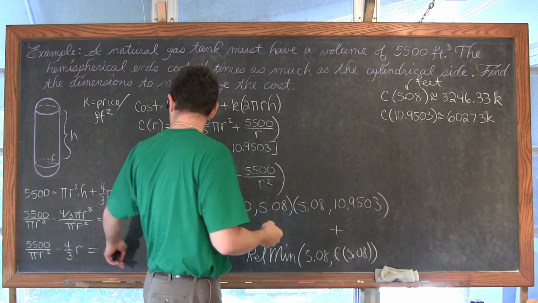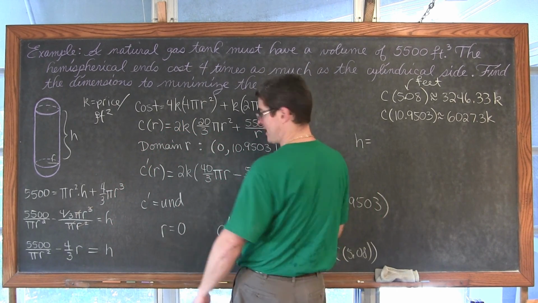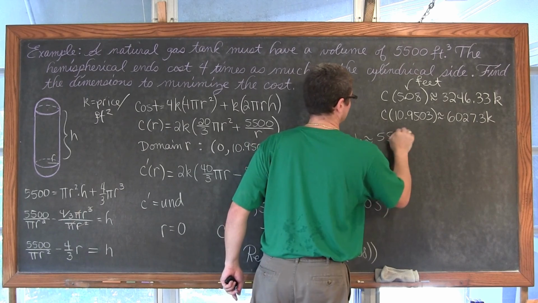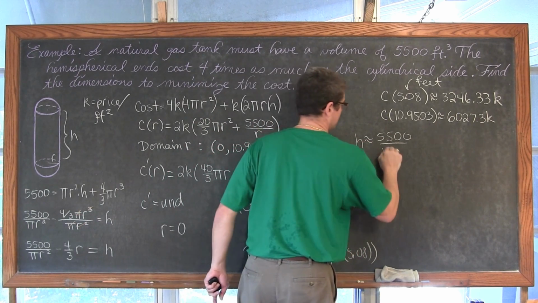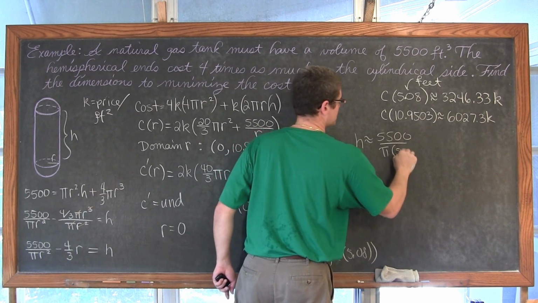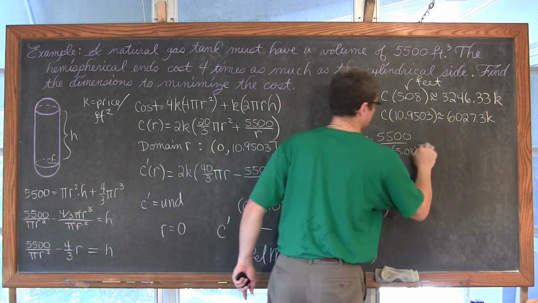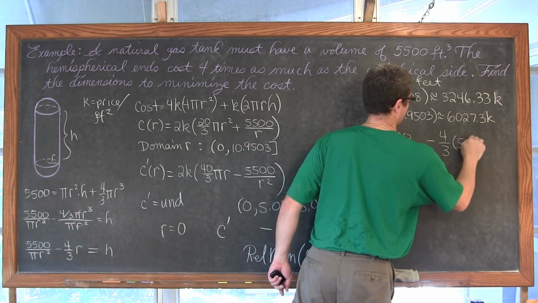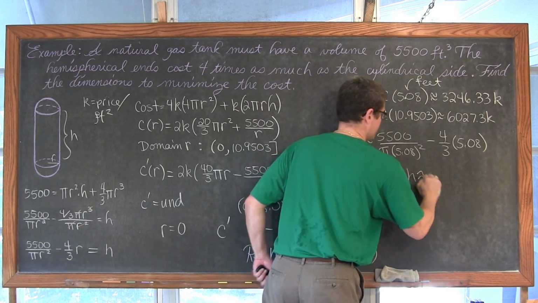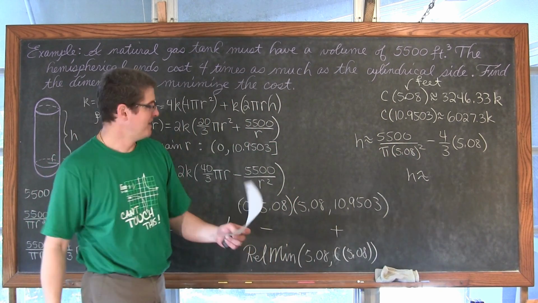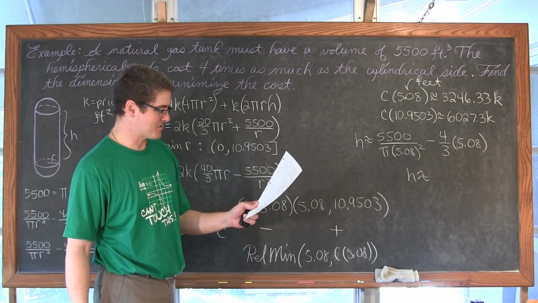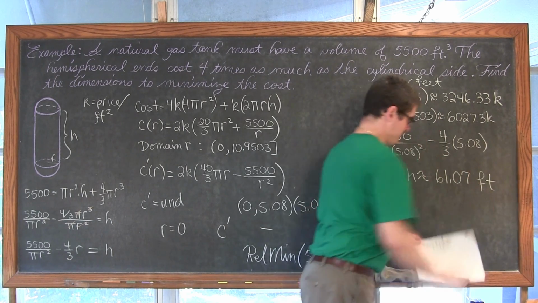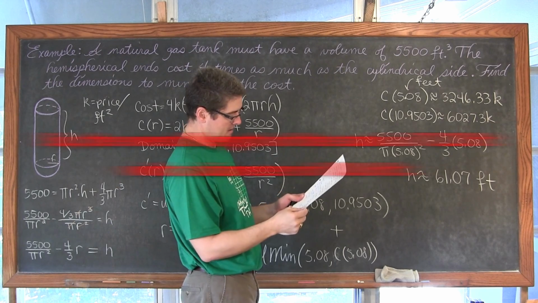Well, h is equal to approximately, because these are all rounded off decimals, 5,500 divided by pi times 5.08 squared, minus 4/3 times 5.08, and that gives you an h value that is approximately 61.07 feet. That's quite a long tank.